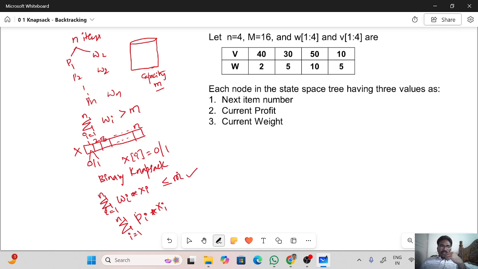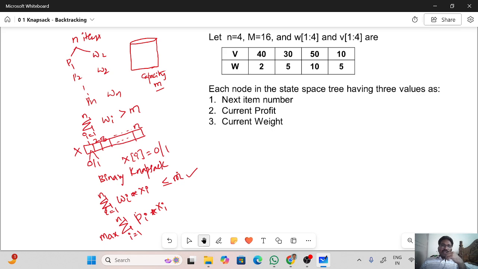If it is considered, the solution vector value is 1. If not, it is 0, and 0 multiplied with anything gives 0. So the profit we get should always be the maximum. So this is the problem statement of 0-1 knapsack. I hope you are good with that part.